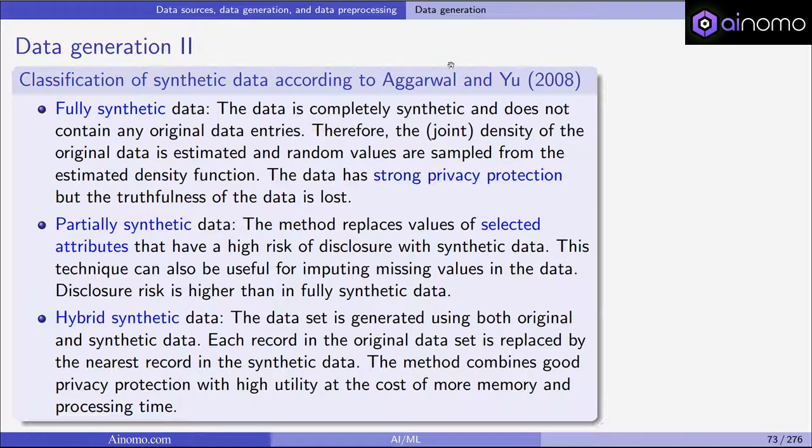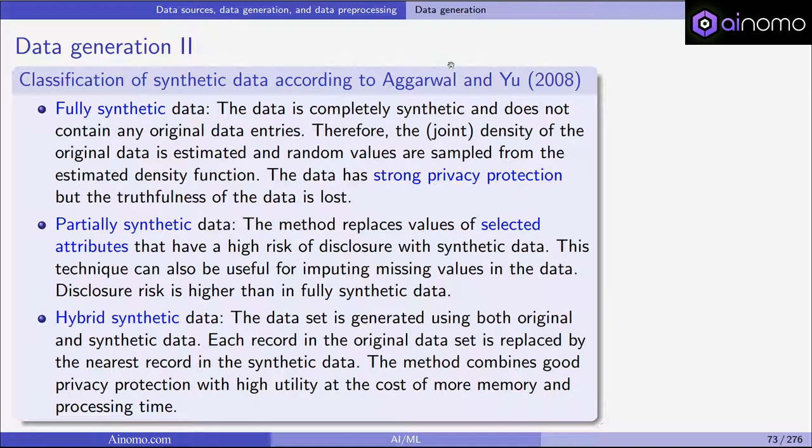If we call everyone Mr. X, Mrs. X, it could be that this doesn't change the value of the data, but we preserve the privacy of the real people behind the original data.